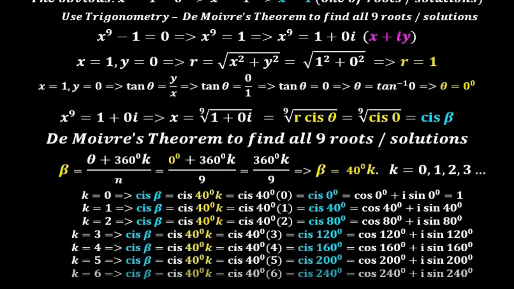When k is equal to 6, cis beta equals cis 40 degrees k, which is cis 40 degrees times 6, that is cis 240 degrees, equals cosine 240 degrees plus i sine 240 degrees.